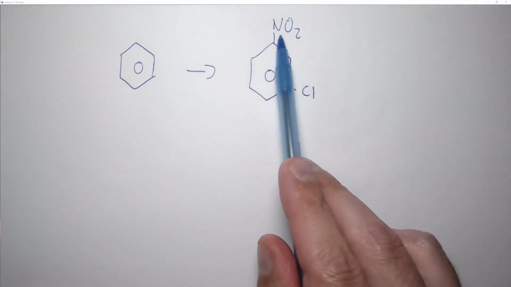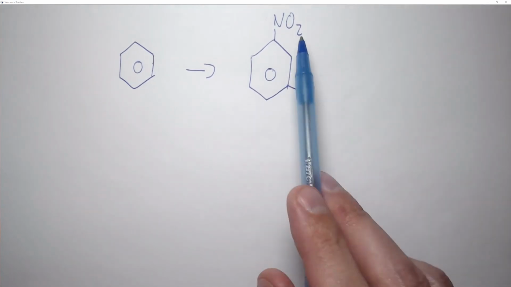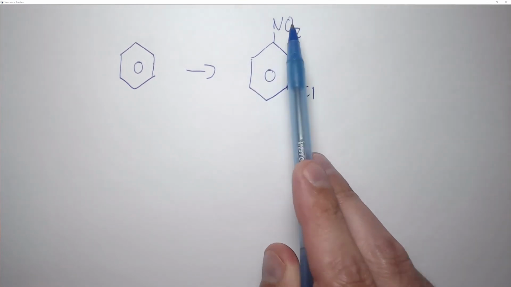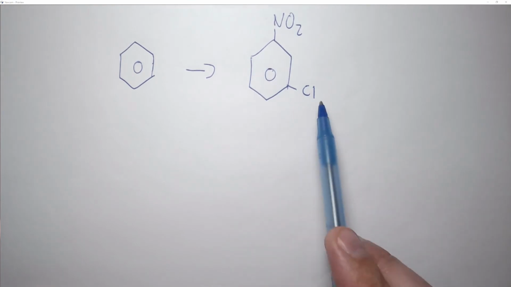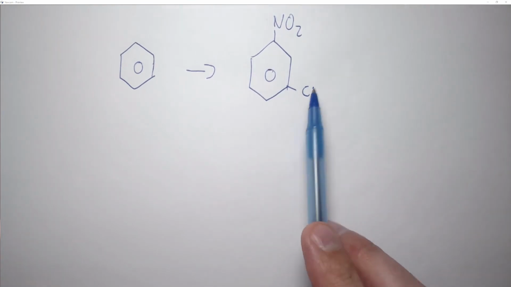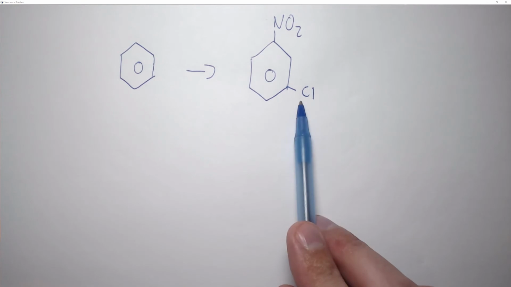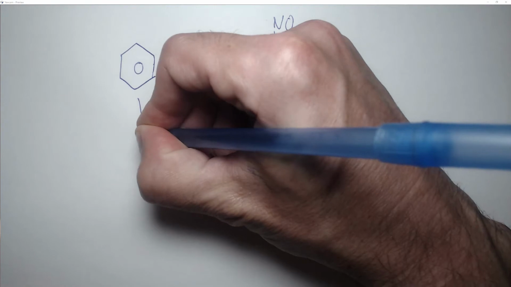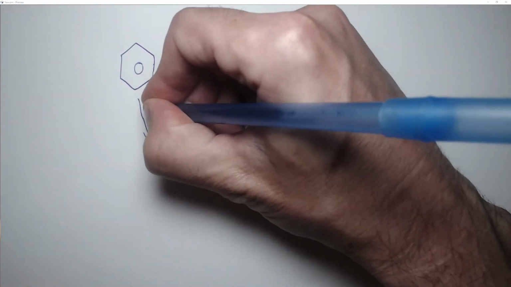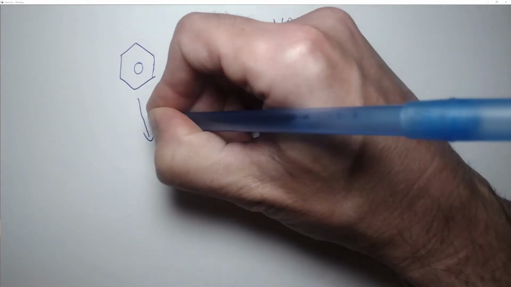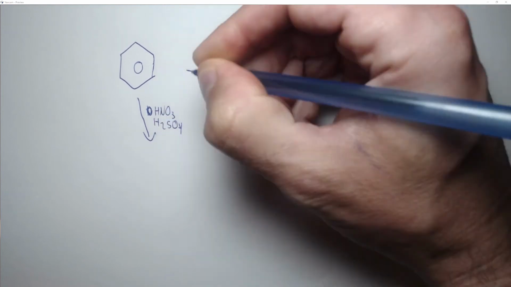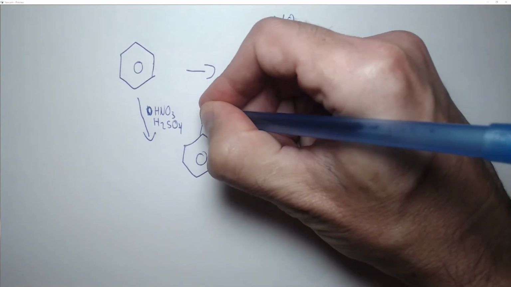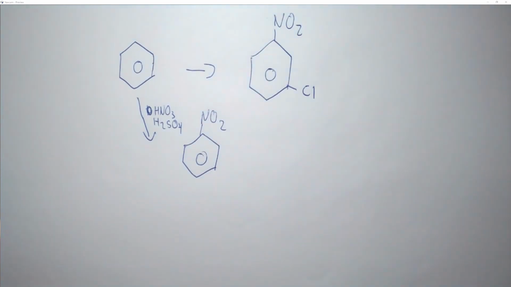Well, which one of these 2 is a meta director? I guess it could theoretically be both. In this case, we have a deactivating group that is a meta director because we have the positive on the nitrogen. In this case, we have a chlorine, which is a deactivating group, but it's also an ortho-para director. So we want to add the nitro group first. We add our HNO3 and our H2SO4, and what we end up with is nitrobenzene.